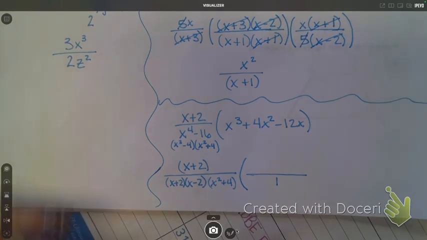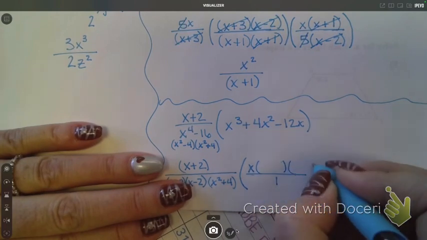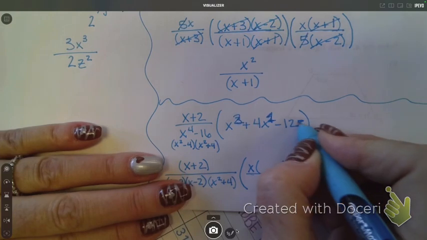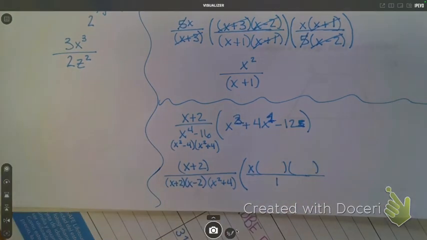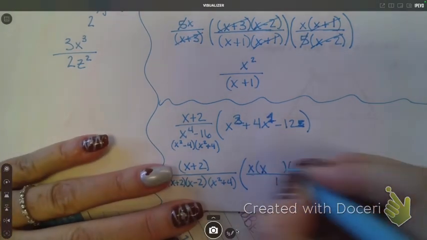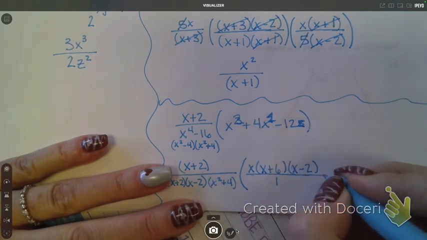Okay, factor out an x. Now factors of 12 that have a difference of 4: 6 and 2. Which one's positive? 6. So x plus 6 and x minus 2.